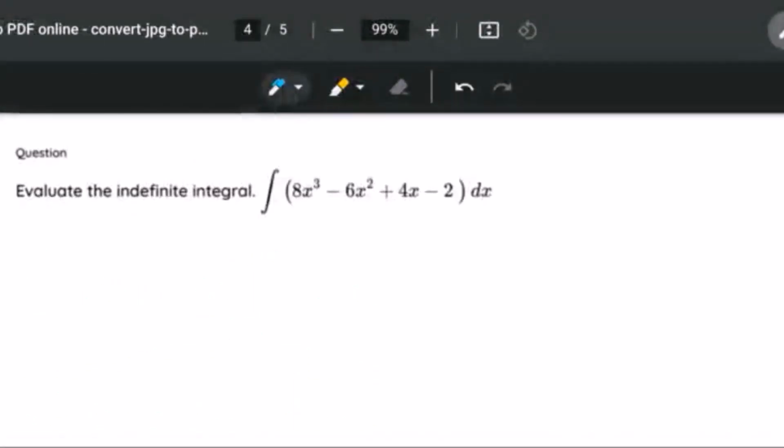Evaluate the indefinite integral. Indefinite integral of 8x to the power of 3 minus 6x to the power of 2 plus 4x minus 2 dx. As we know, we start with using the power rule of integration.